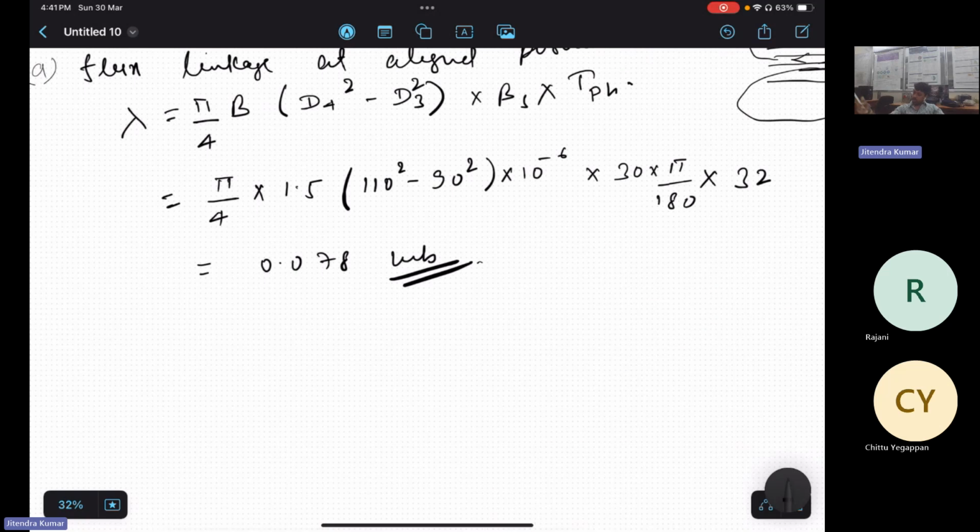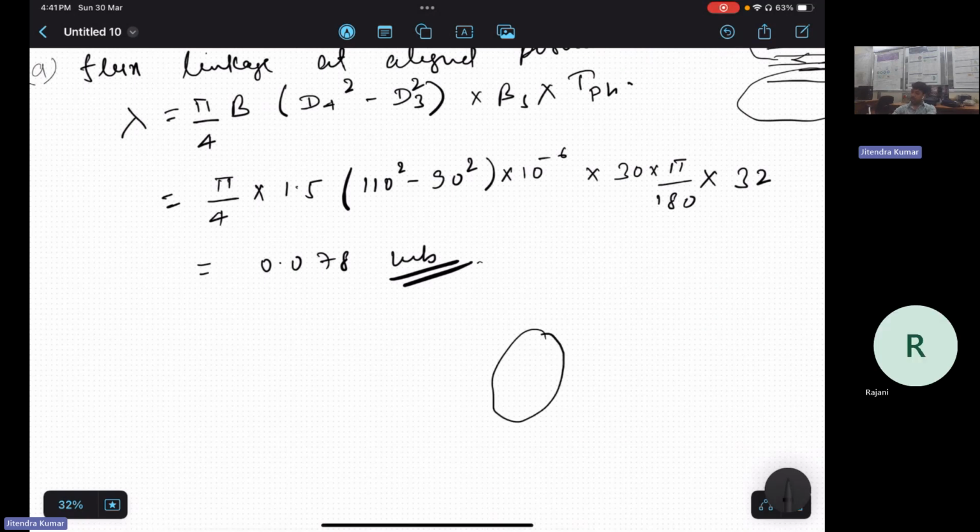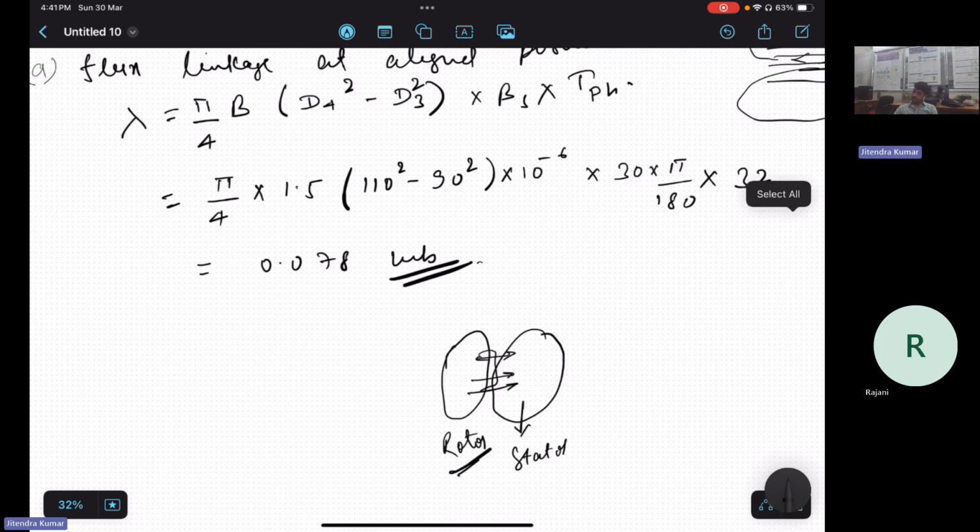Suppose you have one stator and one rotor, so there is an air gap, and flux is moving like this from the stator to the rotor. The rotor has magnets, just for the time being. So what should be the problem here? Why do you commonly not see such topologies?